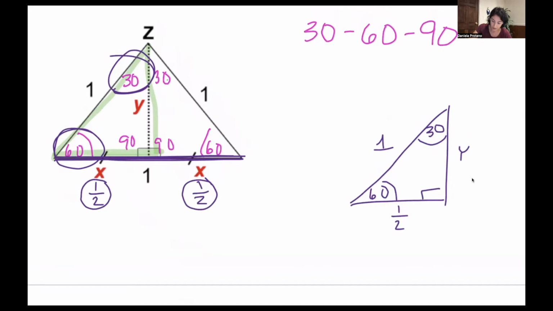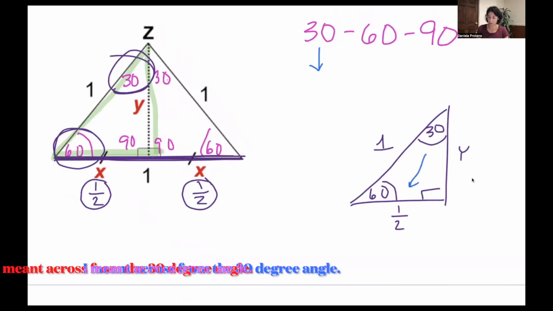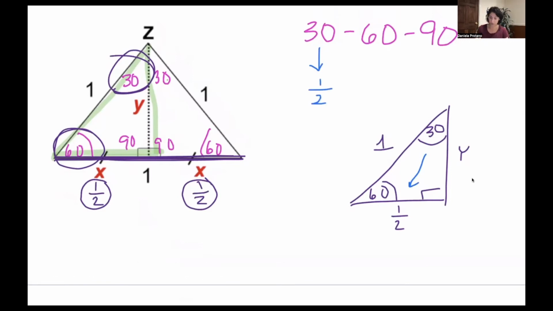So across from a 30-degree angle in a 30, 60, 90 special right triangle, it's going to be any random number. In this case, across from the 30-degree angle is 1/2. In a 30, 60, 90 triangle, across from the 60-degree angle, it's going to be that number times, you guessed it, the square root of 3.